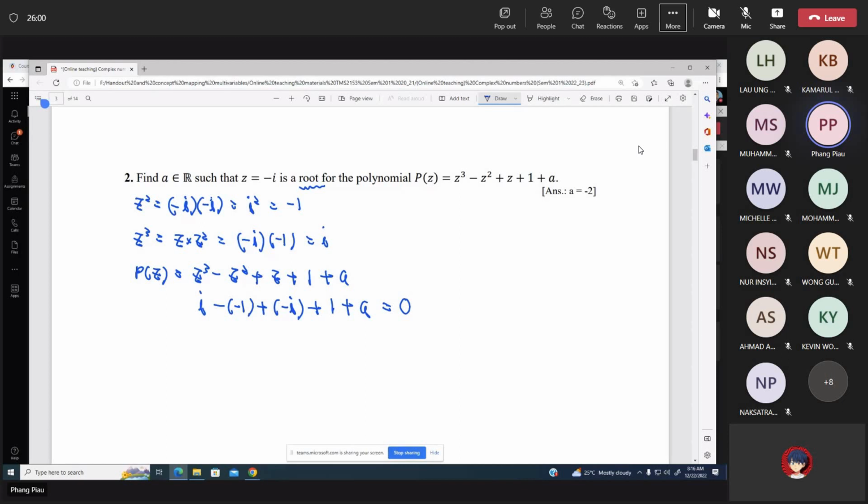Hopefully it just gives you a different perspective that your polynomial can be in terms of complex number. Because so far we have our polynomial in real numbers, okay? So we extend it to complex number. That's the purpose of this example.